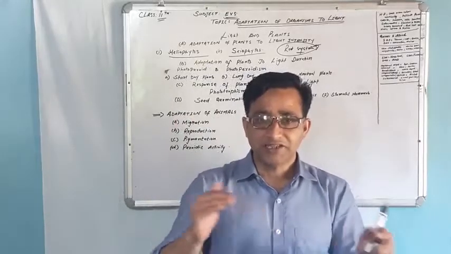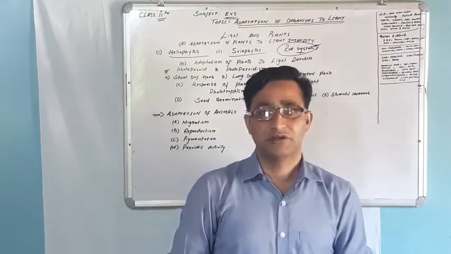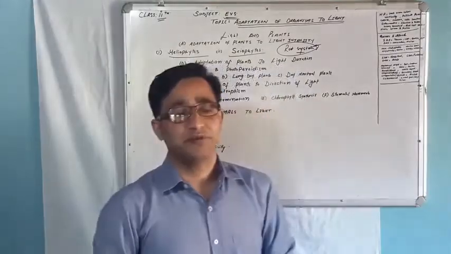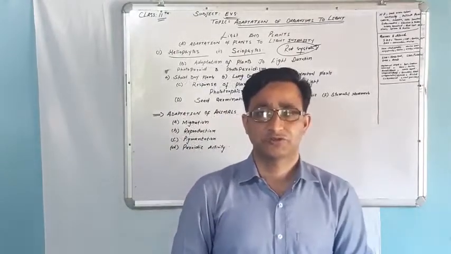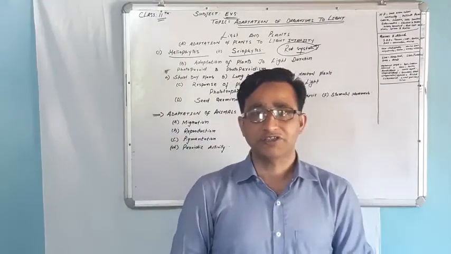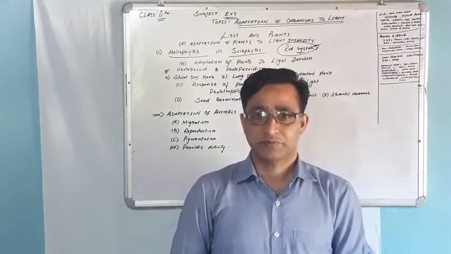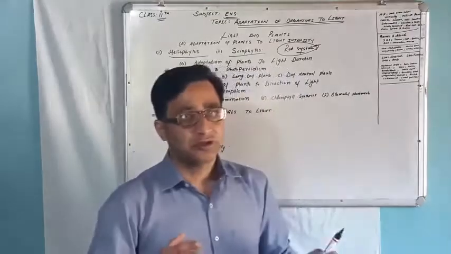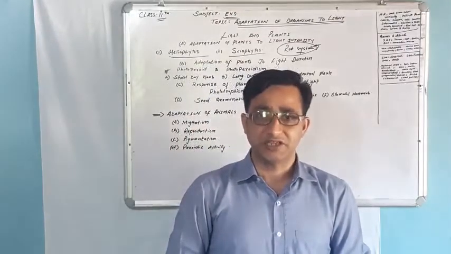Palisade parenchymatous cells are not well developed, but the spongy parenchymatous cells are highly developed in these plants. Stomata are not sunken, and their root system is not extensive.